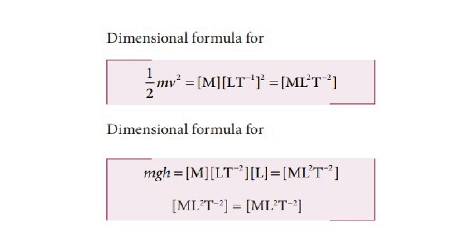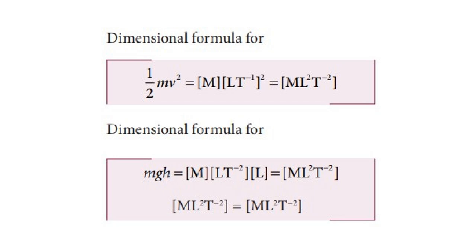Let's take a closer look at the dimensional formulas for kinetic and potential energy. For kinetic energy, which is 1/2 times mass times velocity squared, the mass has the dimension of M, and velocity, being distance over time, has the dimension LT⁻¹. Squaring velocity gives us L²T⁻², so when we multiply by mass, the overall dimension becomes ML²T⁻².